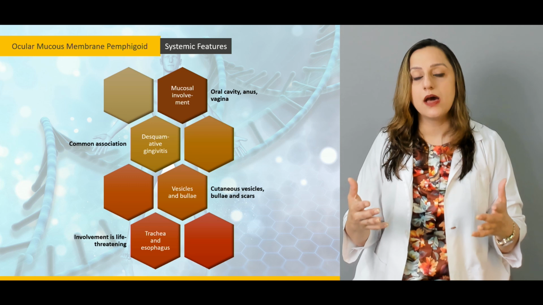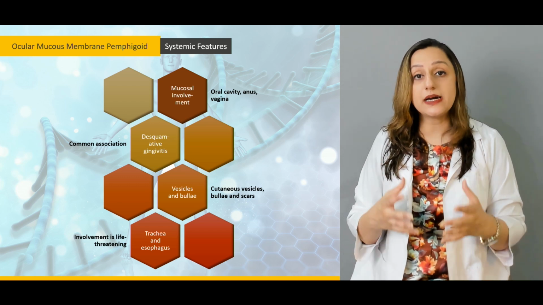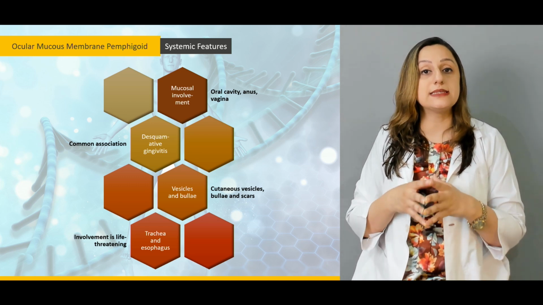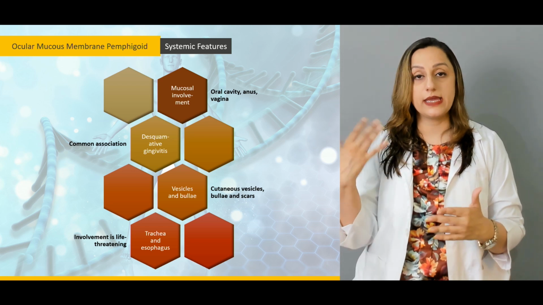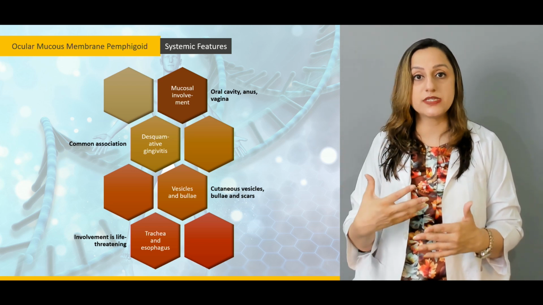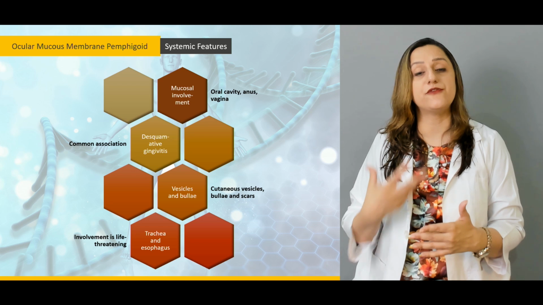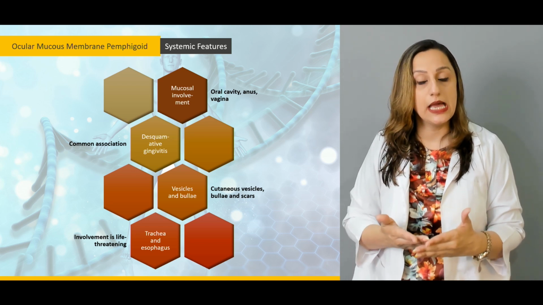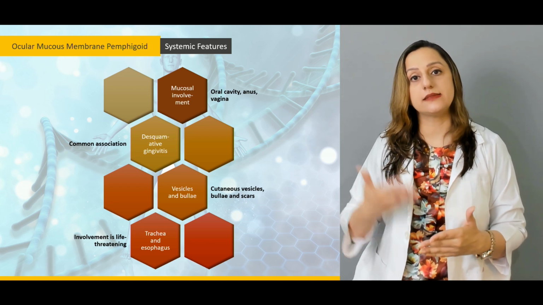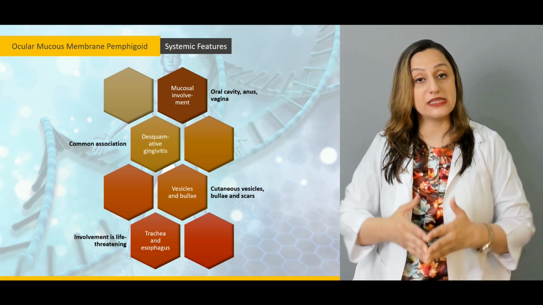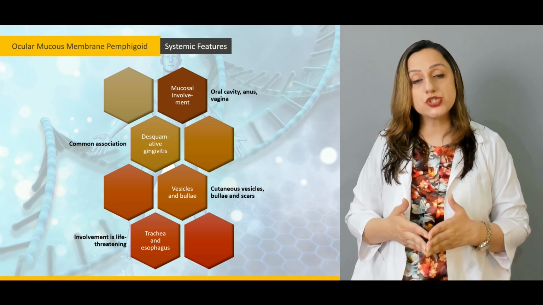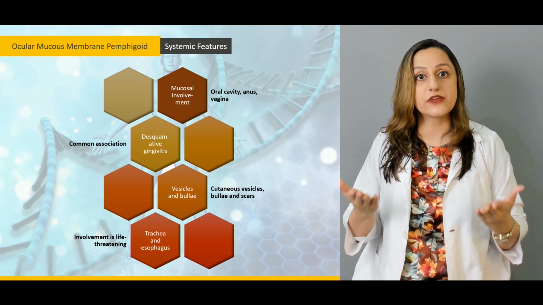the skin manifestations. Sometimes if this disease is left untreated, we can have the skin manifestations, and along with that, we can have a very complicated condition in which the trachea and the esophagus is also involved. In this kind of a condition, the patient would complain of dyspnea, that is difficulty in breathing.